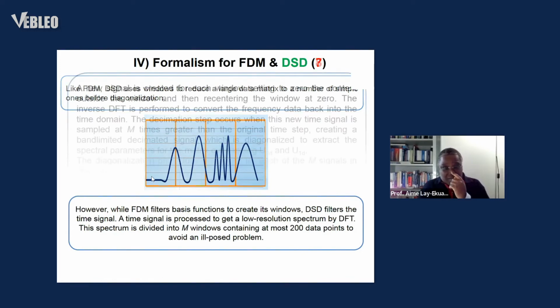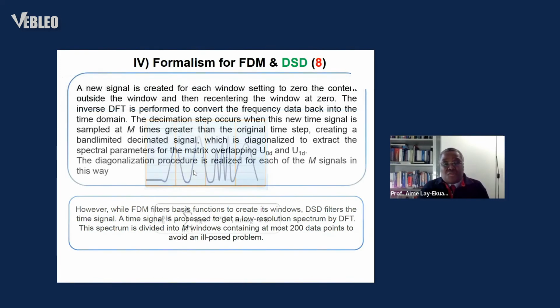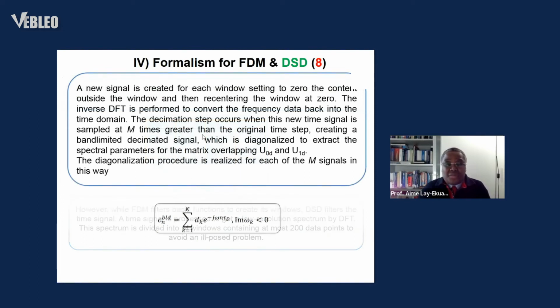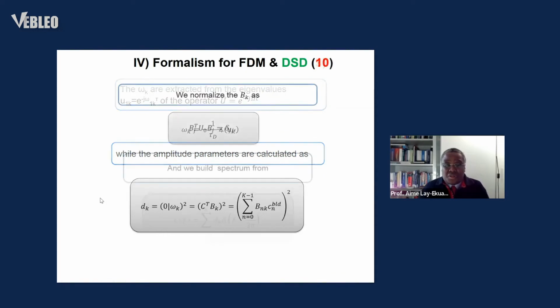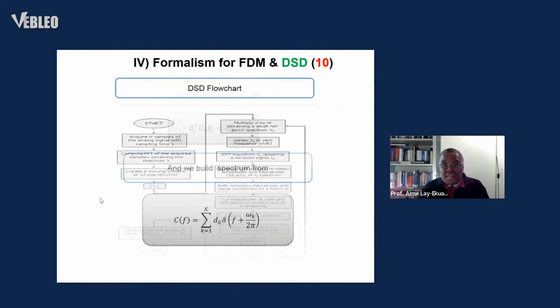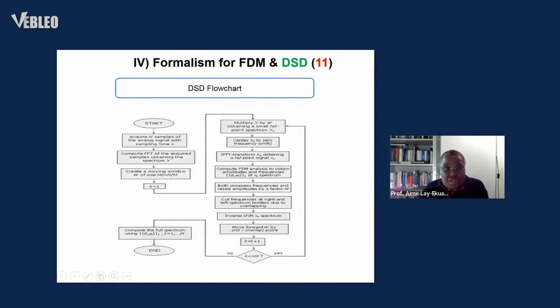So as we have done in FDM, here we are also interested in calculating the frequency and the amplitude. So we can see here the DSD flow chart.